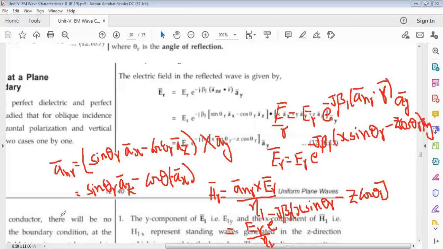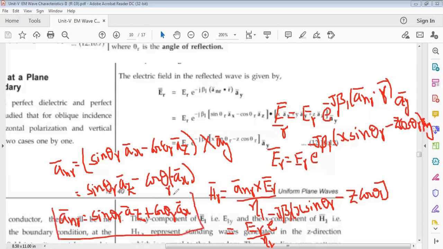So ANR bar, now I can simplify, we got sin theta R into AZ bar plus cos theta R into AX bar. Already the minus into minus is a plus. So multiply this total function with sin theta R into AZ bar plus cos theta R into AX bar.